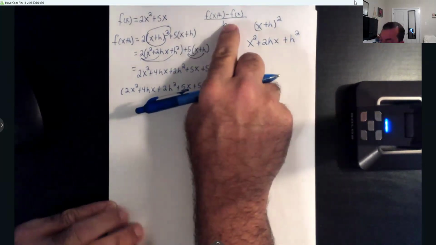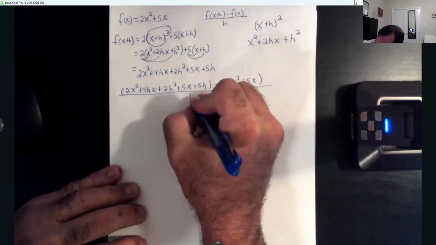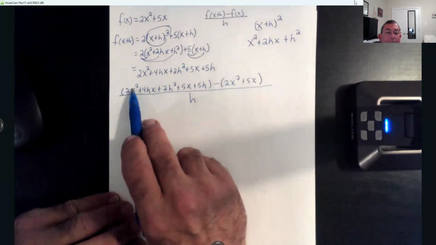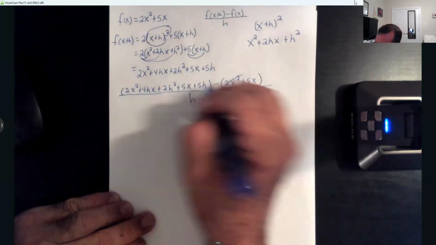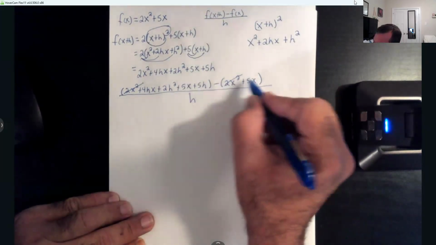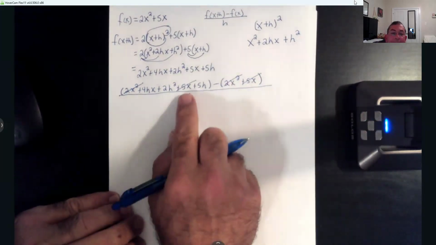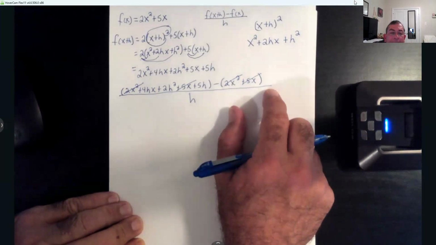And y'all, that's all over h. Now, both of these will cancel with their counterparts over here. 2x squared is negative. It cancels with a 2x squared. And this is a negative 5x. It cancels with the 5x. So the second parenthesis always cancels out, okay?